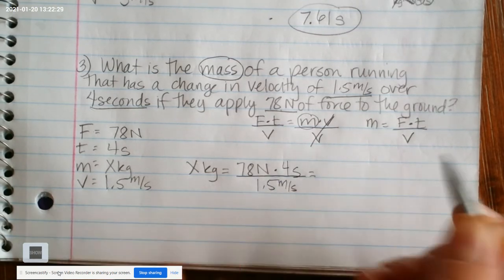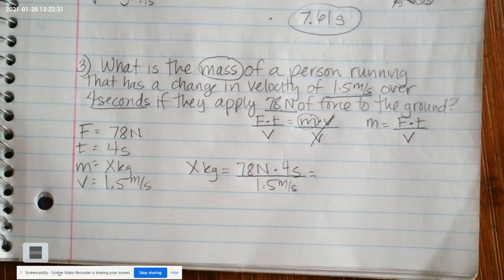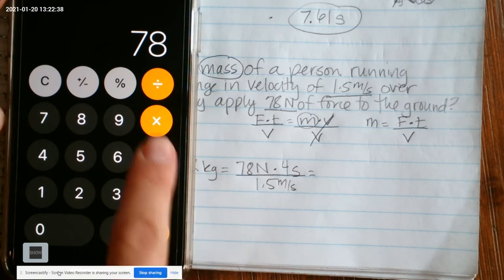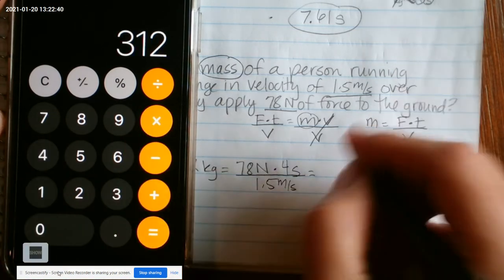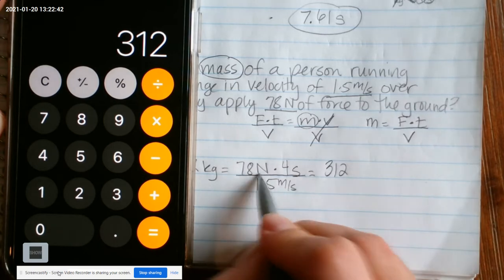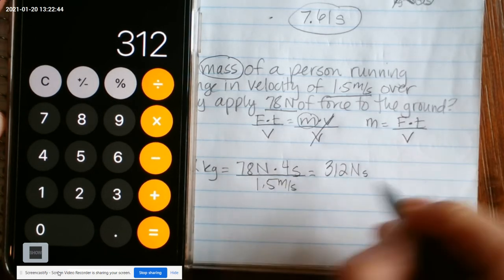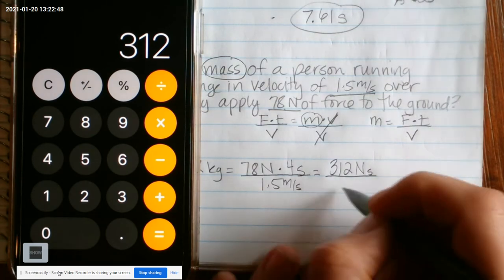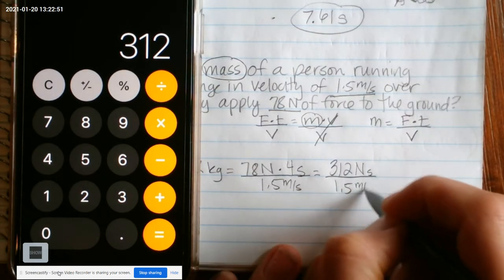So I'm going to multiply everything across the top first. 78 times 4 gives me 312 newtons times seconds, which is newton seconds. That's an impulse. See how these momentum and impulse things work out? I'm going to divide that by my velocity of 1.5 meters per second.